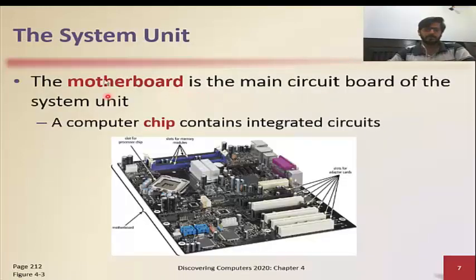And then the motherboard is the second component, and the motherboard is a printed circuit board. It's also called a printed circuit board. Why is it called a printed circuit board? Because we can see the different patterns over it. We have a main board, and over that board we have different slots available for the memories. We have a slot for the processor, and we also have slots for the sound and video cards, or peripheral devices.